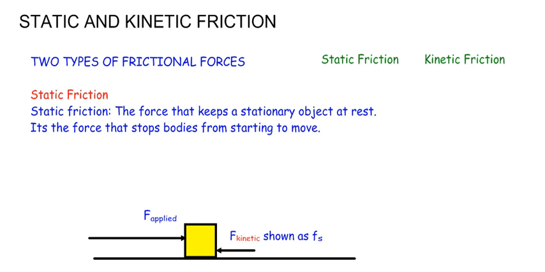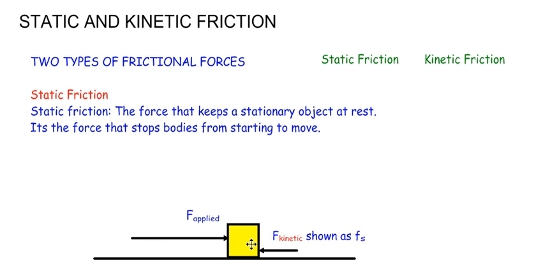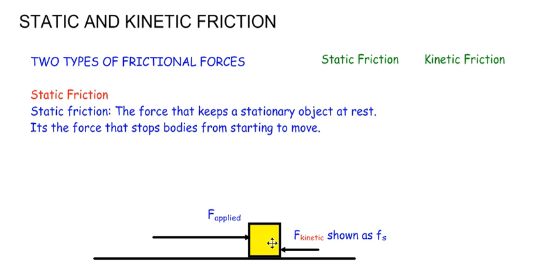Once the body starts to move to the right, the friction doesn't go away, but it reduces. It is now called the kinetic friction, not the static friction. The kinetic friction, in other words, the friction during motion, is always less than the static friction.